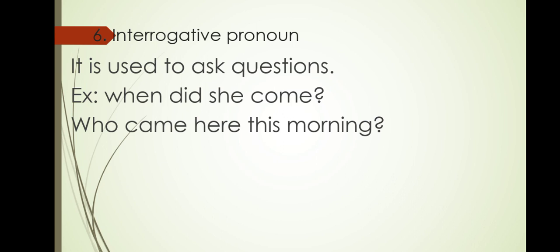"Who came here this morning?" So, you know at the end of "When did she come?" and "Who came here this morning?" we have put the question mark. So, interrogative pronouns means the pronouns which ask questions. Isn't it?